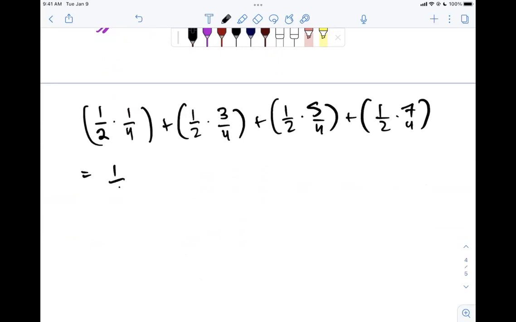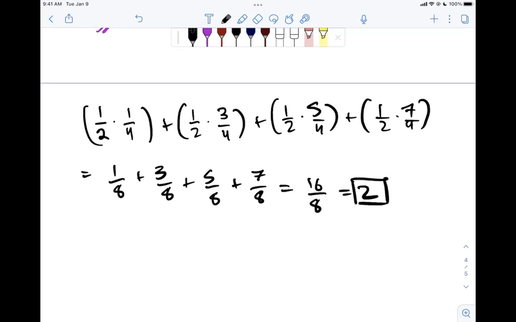So that's going to be 1/8 plus 3/8 plus 5/8 plus 7/8. So 1 plus 3 is 4, plus 5 is 9, plus 7 is 16 over 8, which is 2. And so we see that the midpoint sum gave us the exact answer.